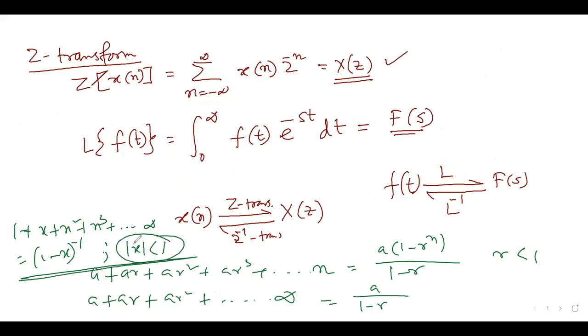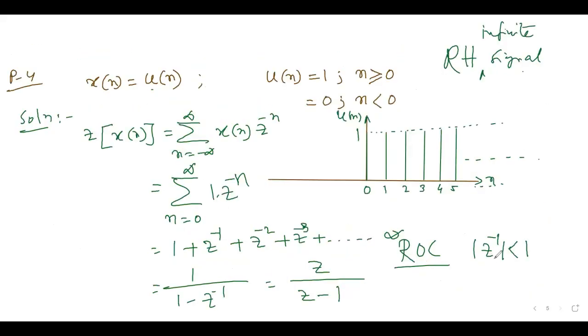This is the condition for convergence. Similarly here, instead of x we have z inverse, so mod of z inverse should be less than 1. That means the region of convergence is z greater than 1.